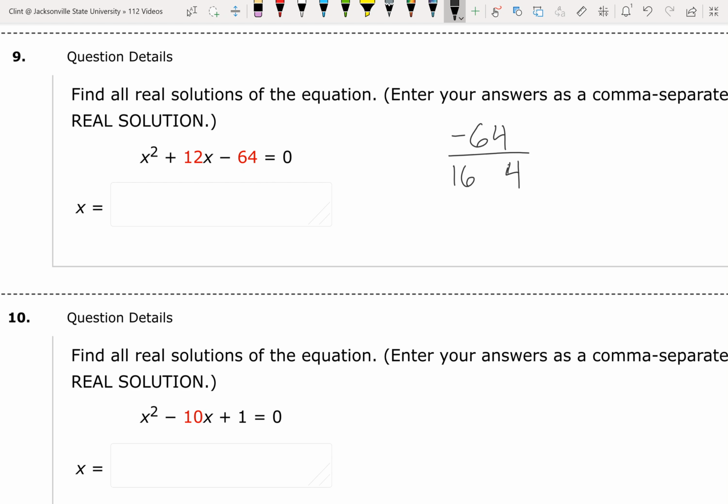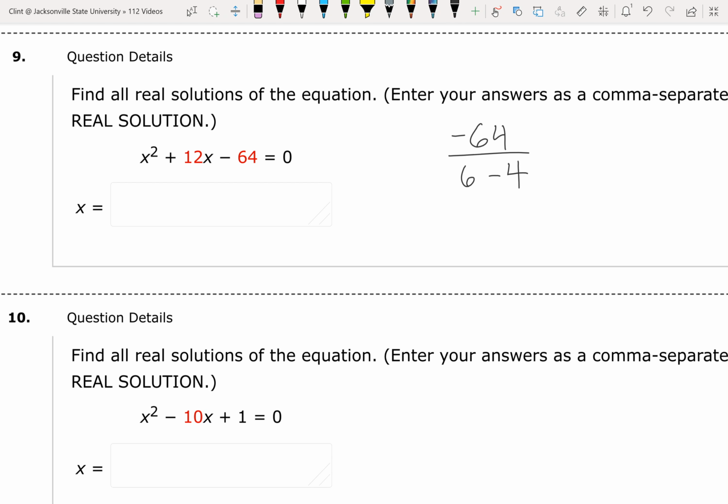And if you're not sure what divides in, you can use your calculator. So let's see, what if we do negative 16 plus 4? That will give us negative 12. Okay, so we need to adjust that. So we would need to do positive 16 and negative 4. Alright, 16 minus 4 would be 12.